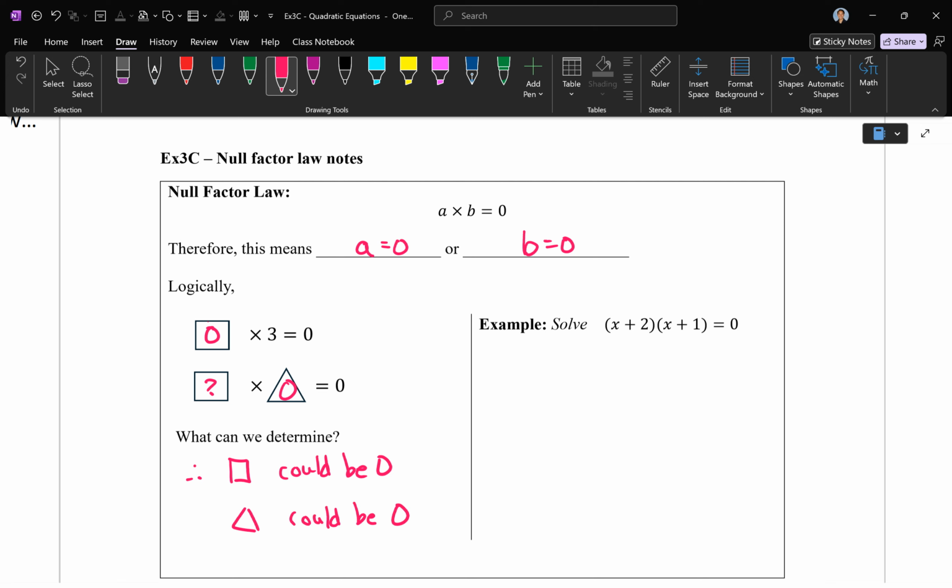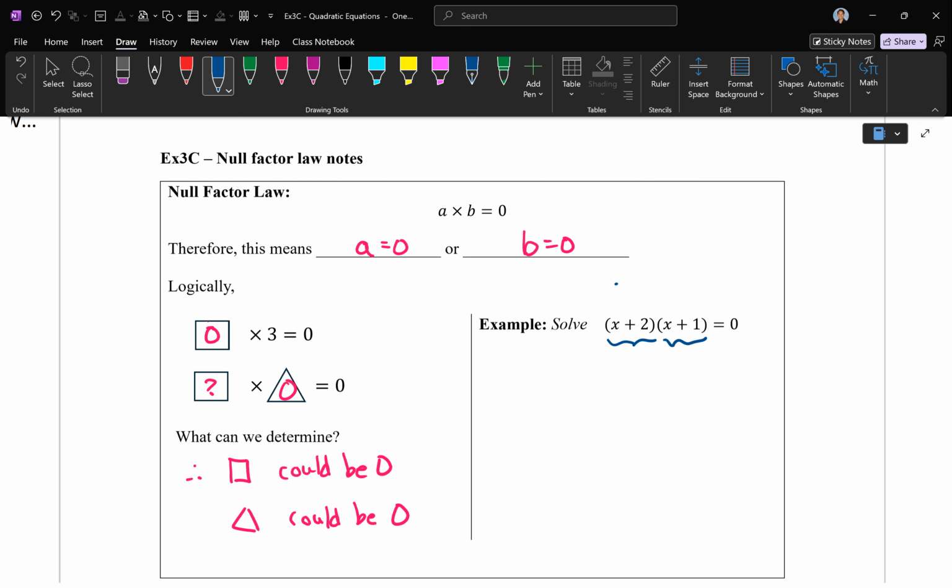The reason why you need to understand this very simple idea is that when you factorize, what you may not have realized is that you're actually doing the same thing. When you get two brackets, it's something times something. Right now, I just don't know what x plus 2 is. But if I knew what x was, this would be a number.